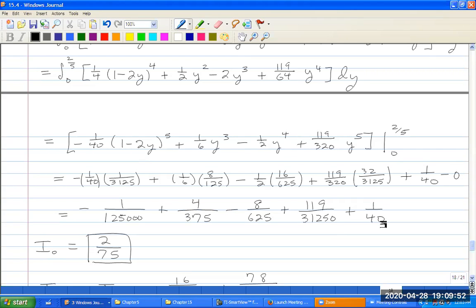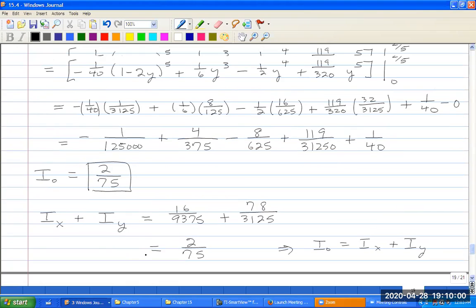And so you can add these up, and simplify, so you just get 2 over 75. But as I said at the beginning, that's what you would expect, because if you added up the previous 2 calculations, you would get the same answer, 2 over 75.